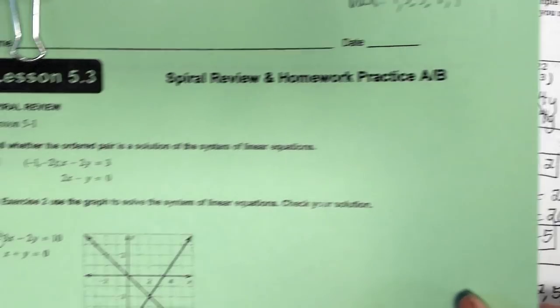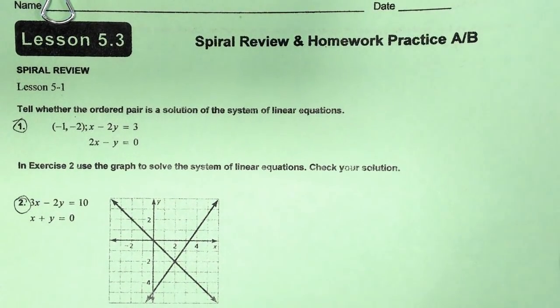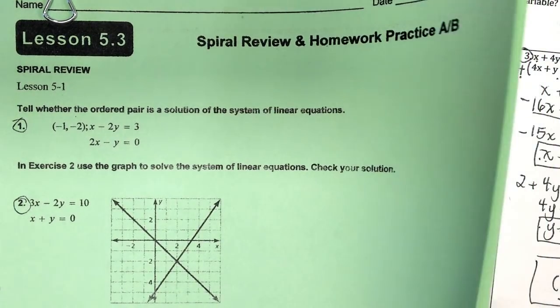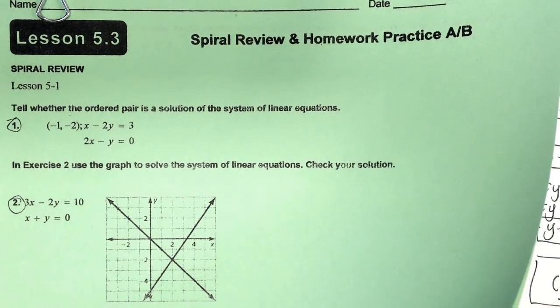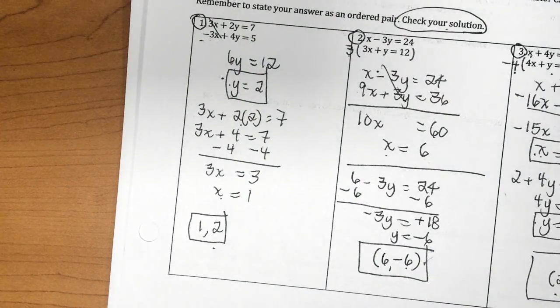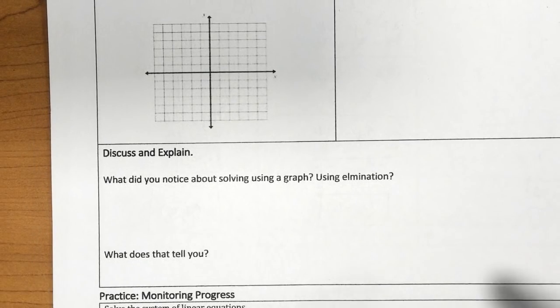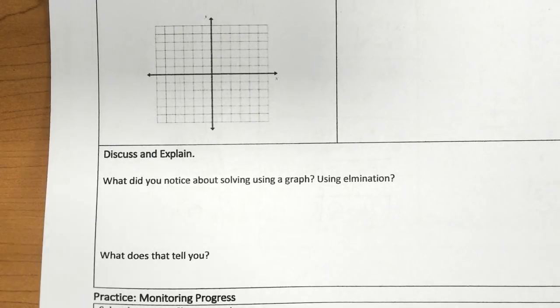It'll be posted ahead of time, so if you'd like to go ahead and look at it ahead of time, you can do that as part of your homework or finish this up. Again, tomorrow we'll be doing lesson 5-4. And knowing that I missed some pages, I'm going to have to make copies of page 19, definitely, so that way you have it. Okay?